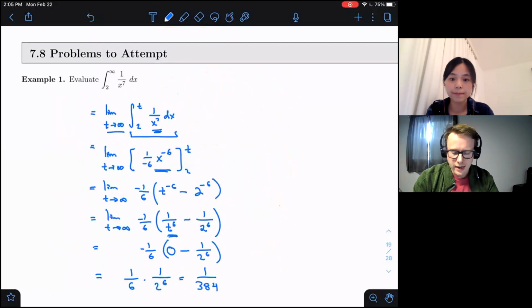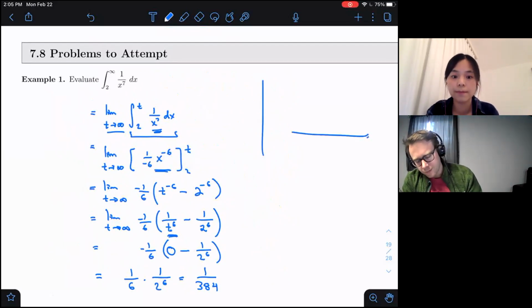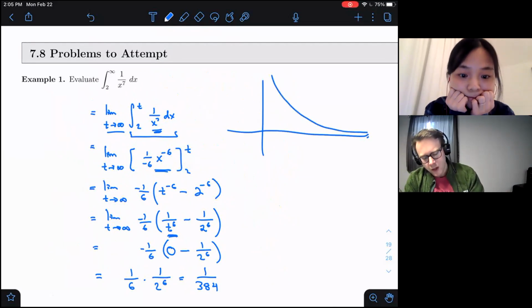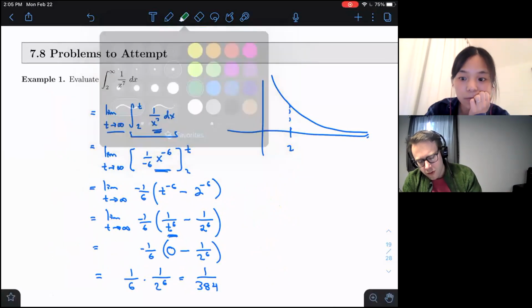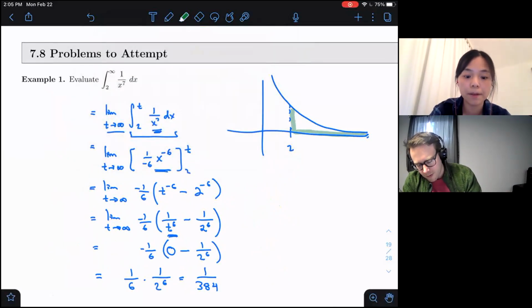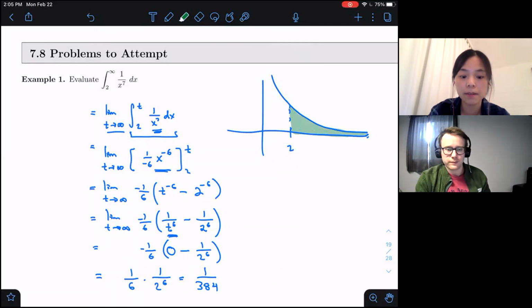So what we're saying here, if you were to look at this, 1 divided by x to the 7th, it's kind of like 1 divided by x, one of these almost hyperbola sort of deals. We're starting off at 2 and going off to infinity. And remember, whenever you do the antiderivative like this, some definite integral, you're doing the area under this curve.